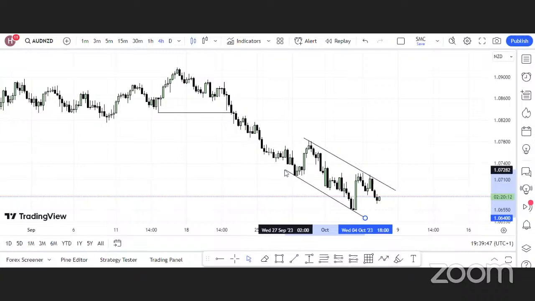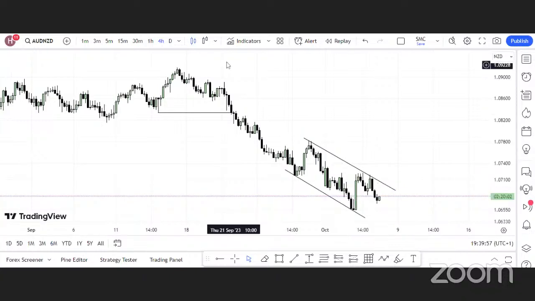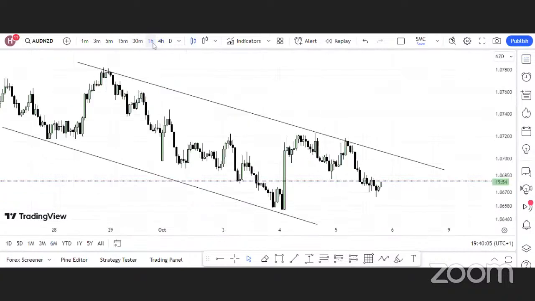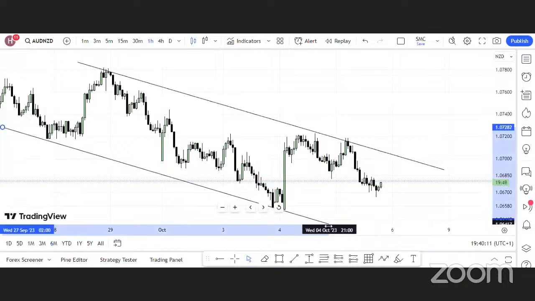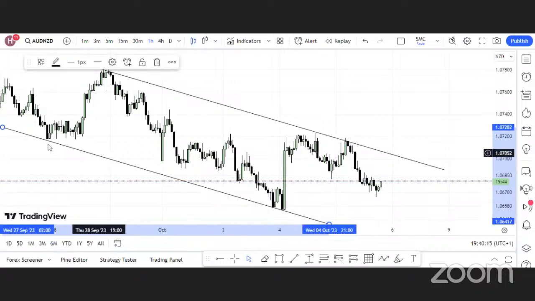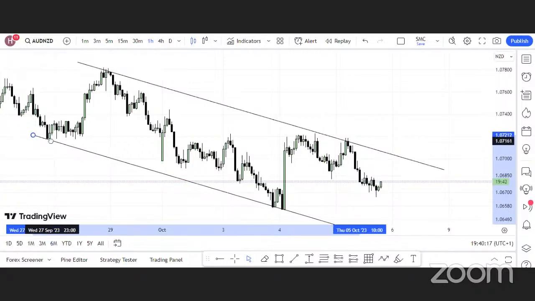It gives us a channel to the downside. So what this means right now is that this market is going to continue to go down to this level. So let's go to the 1 hour time frame to get a better view of what is going on here. So this is quite good.